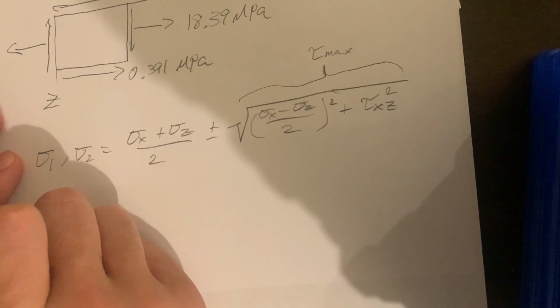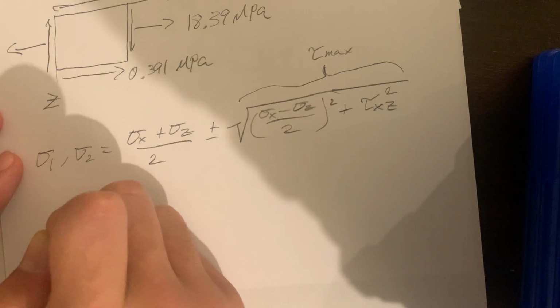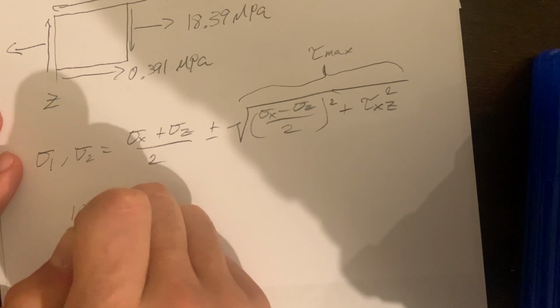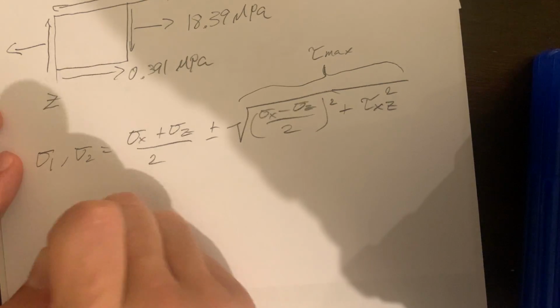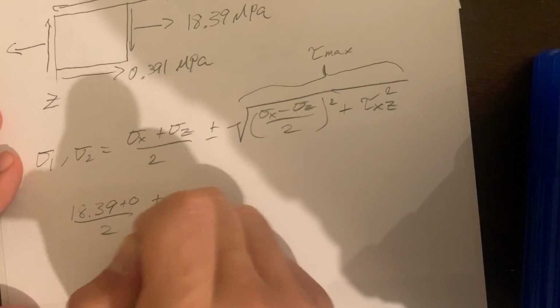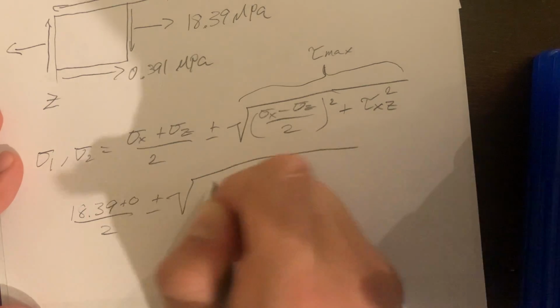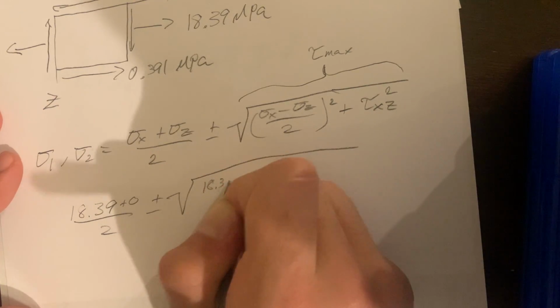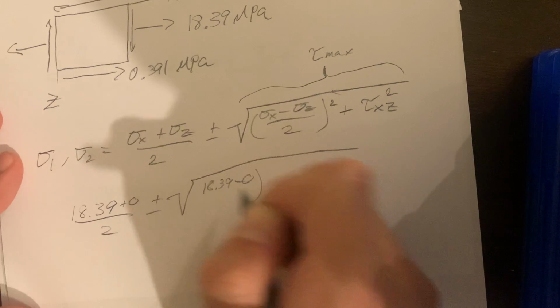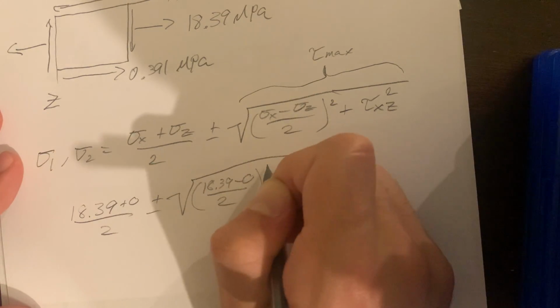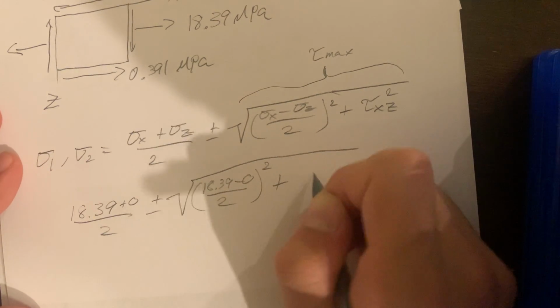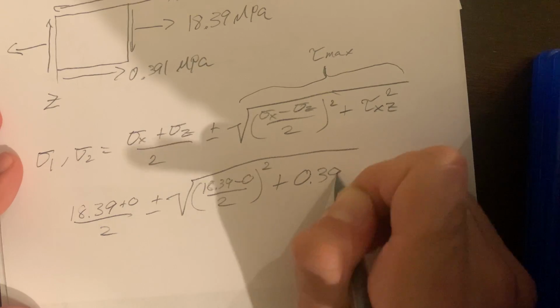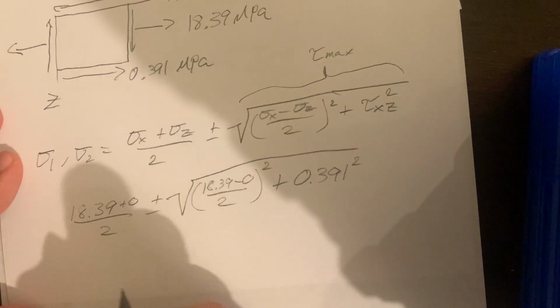So we'll do sigma x, we know is 18.39 plus 0 over 2 plus or minus the square root of 18.39 minus 0 over 2 squared plus 0.391 squared.